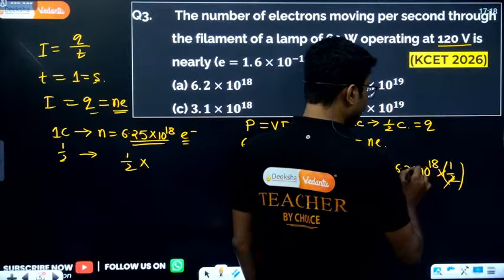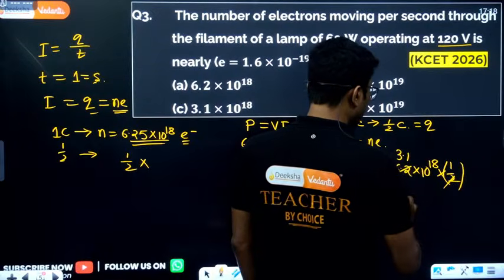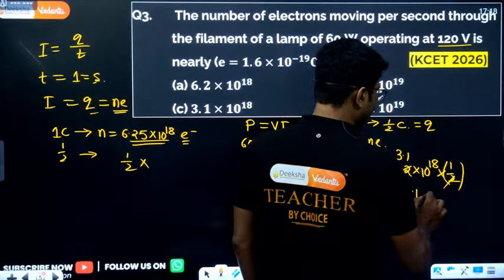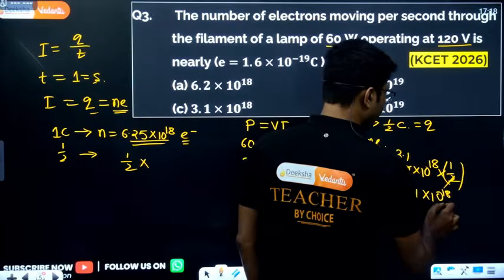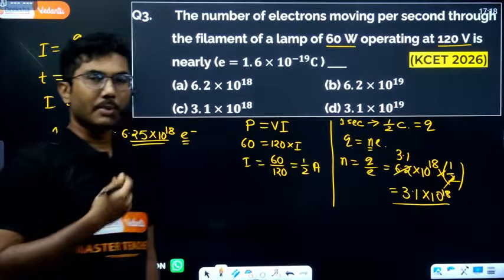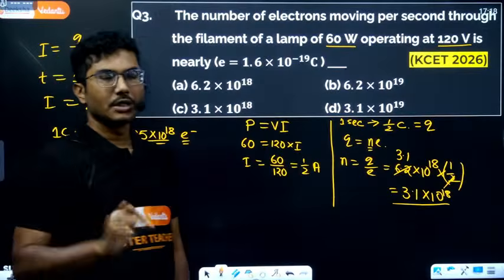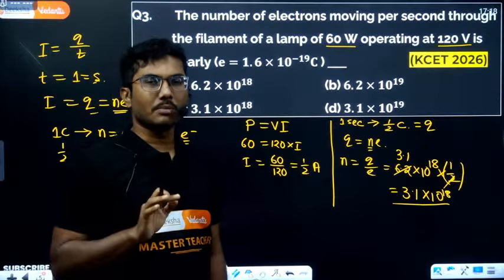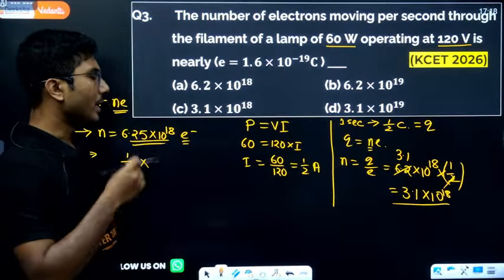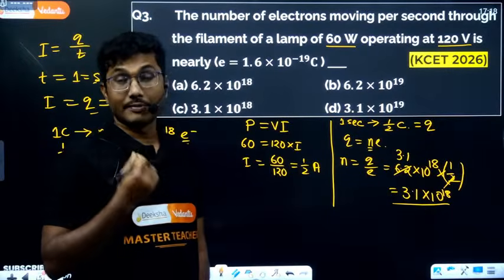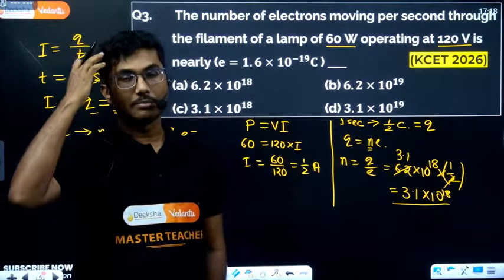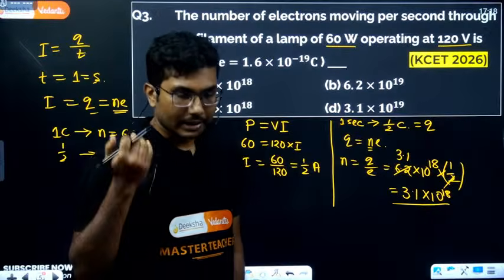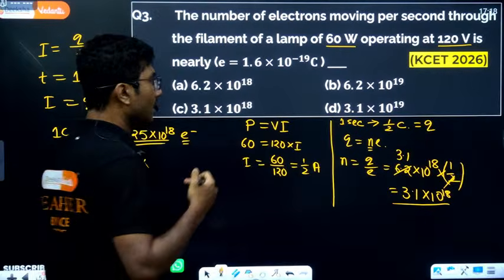So it will be 3.1 into 10 to the power 18. This is applicable when the charge is not a multiplier of 1.6. Whenever charge is known, you calculate using 6.2 into 10 to the power 18, multiply with the charge, you get directly the value of the number of charges.